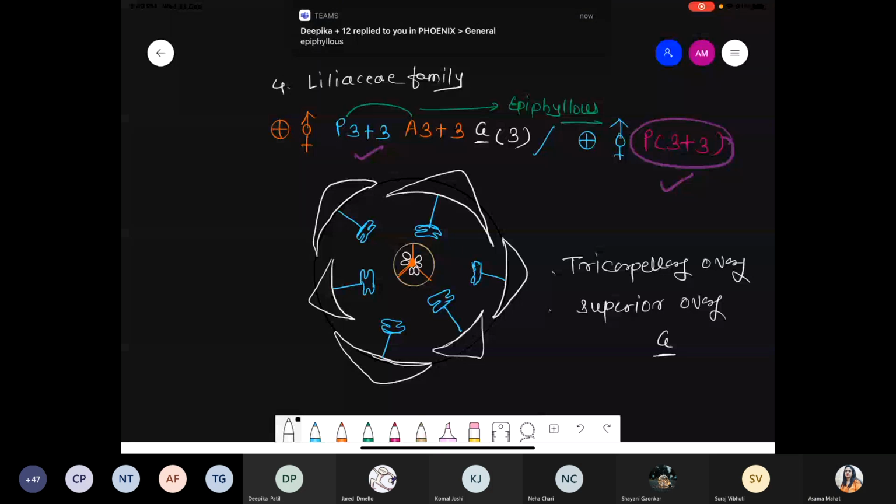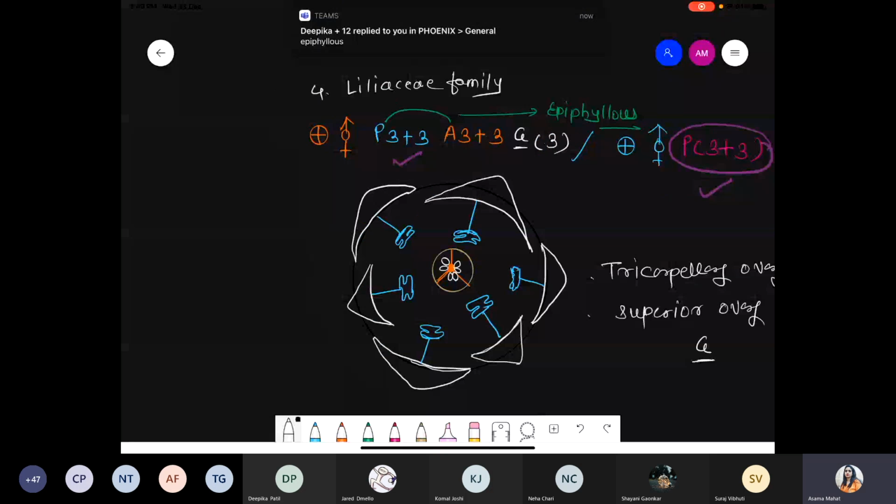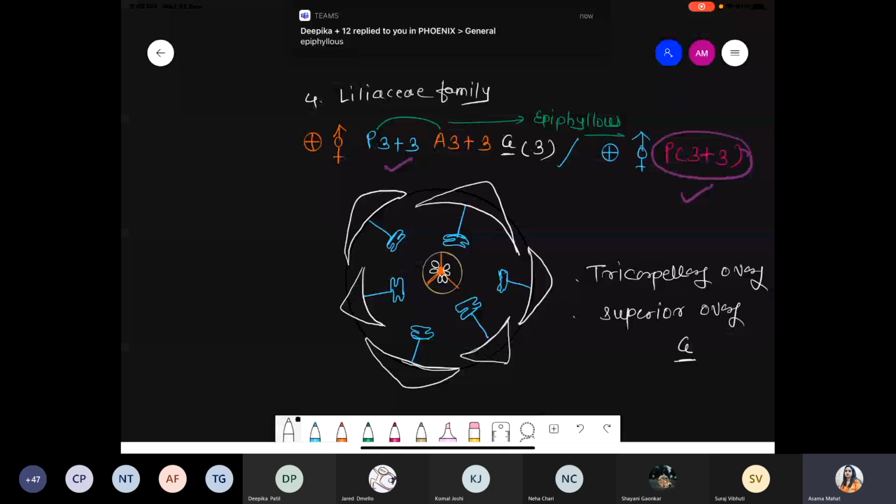Okay. So I just discussed, if you want to identify the Fabaceae family, just see the sepal part, fusion, C plus 2 plus 2 in a bracket, that is vexillary aestivation. To find the Solanaceae, just see the swollen placenta. If you find the Liliaceae, just focus on the 3. Everything is 3, look. Perianth is also 3, androecium is also 3, gynoecium is also 3. So 3 formula, 3 3 3.